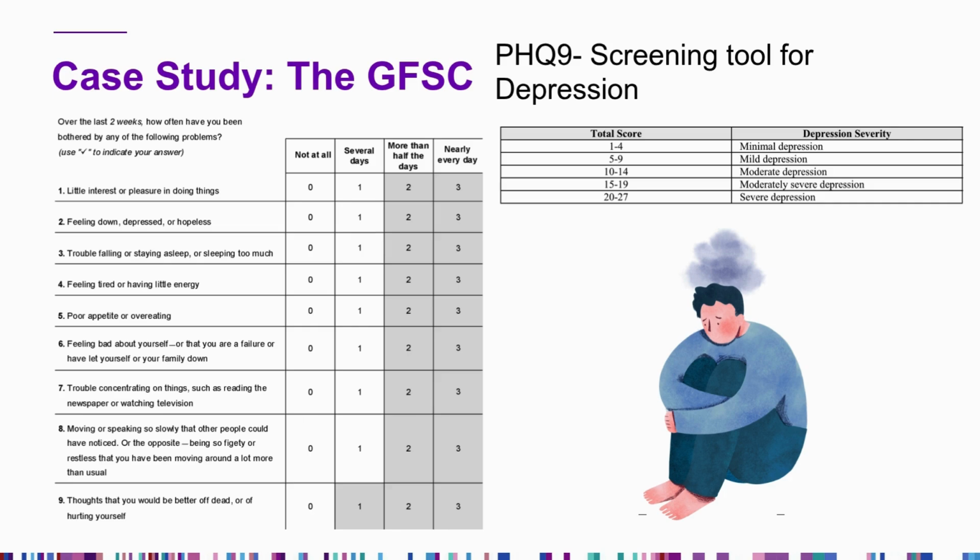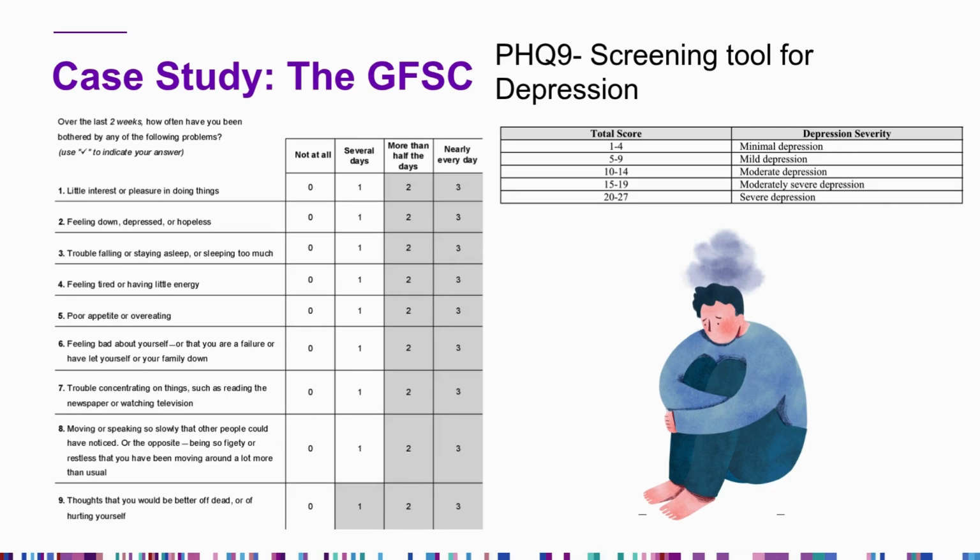For example, question 5. Have you had a poor appetite or been overeating? The participant would indicate not at all, several days, more than half the days, or nearly every day. Other questions include things like trouble concentrating, feeling tired, or having little energy, etc.